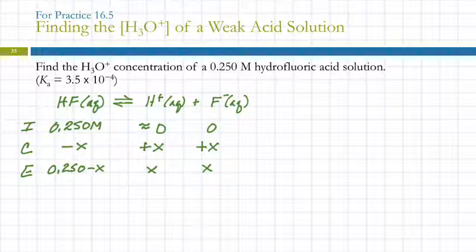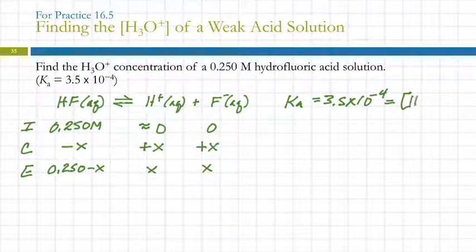We're given the equilibrium constant for this, Ka, which is 3.5 times 10 to the minus 4, and that's going to be equal to the hydrogen ion concentration times the fluoride ion concentration divided by the hydrofluoric acid concentration.